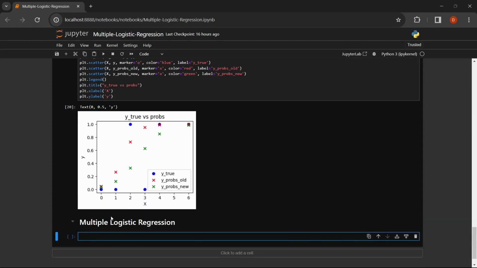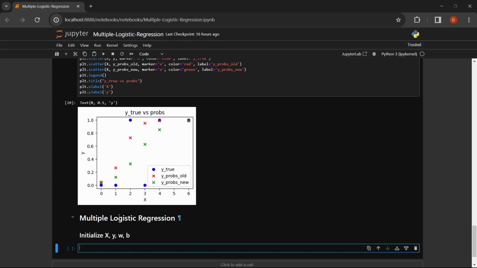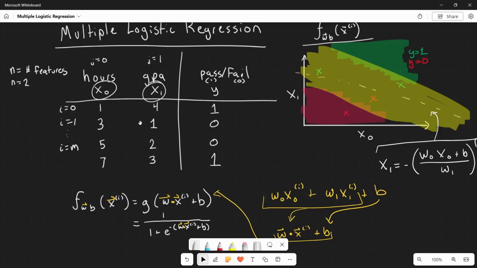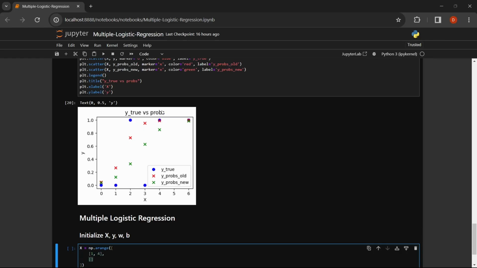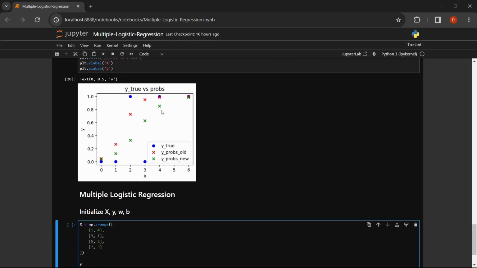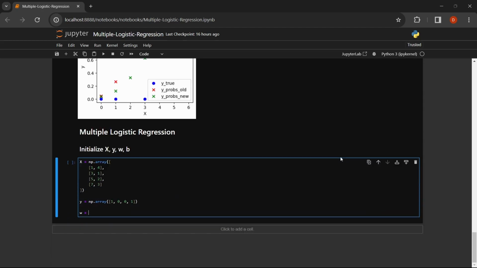Alright, and for this part, we're going to want to initialize some x, y, weight, and bias again. And let's go ahead and use these values we have here. And then we can initialize some random values for weight and bias. Just know that the length of the weight needs to be equal to the number of features, which is 2 right now.